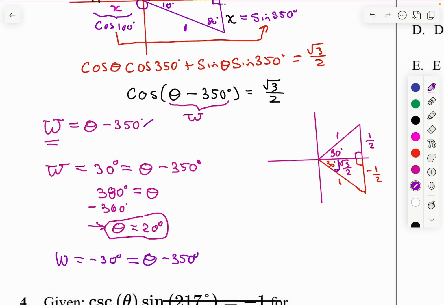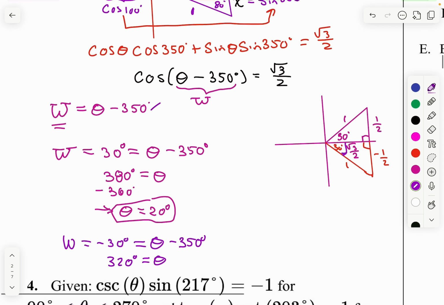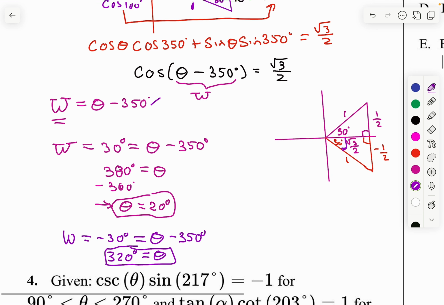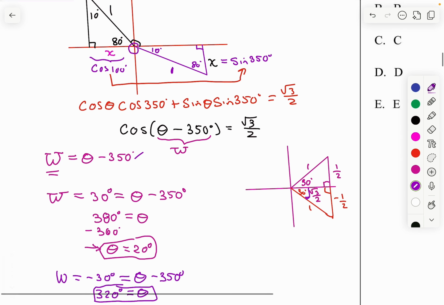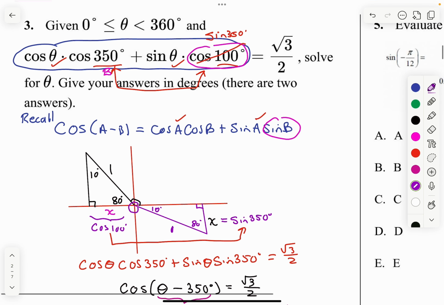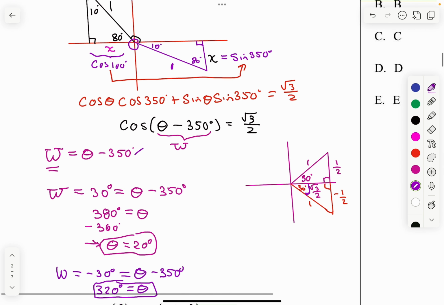If I add 350 to both sides, I get 320 degrees is equal to theta. That should be my second answer. So the two angles are 20 and 320 degrees. That was actually a pretty challenging problem, I would say, because it had two steps. It's a good one, but it's not trivial.